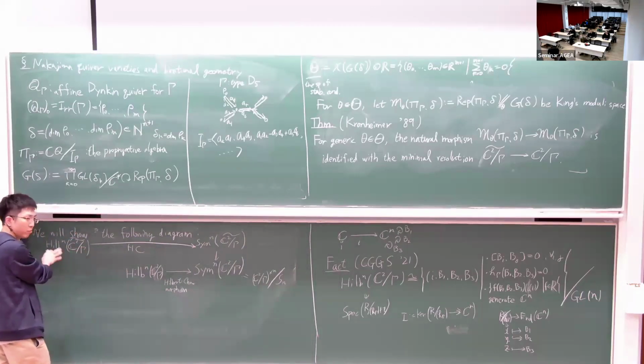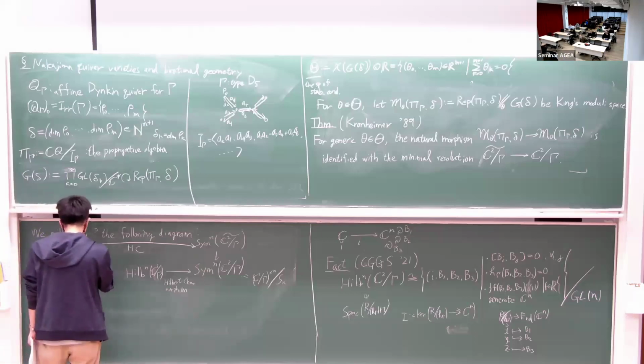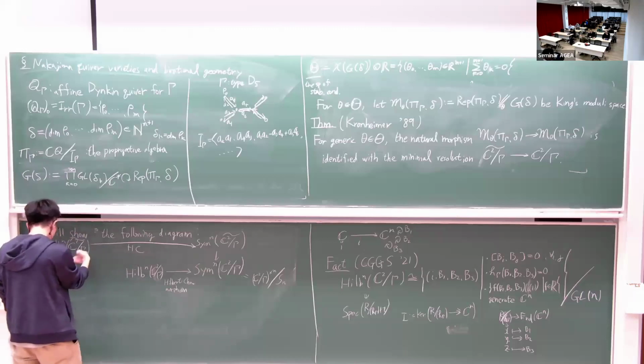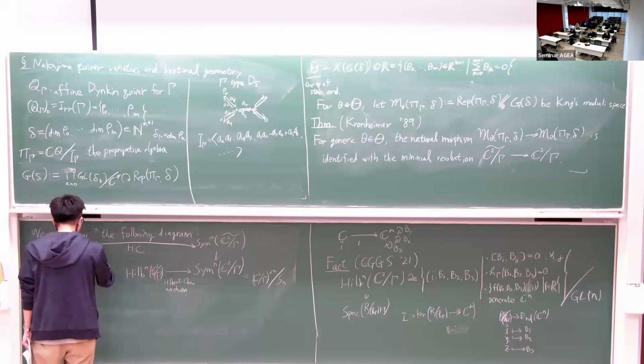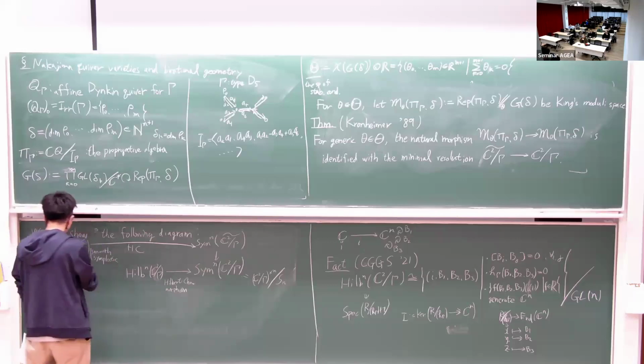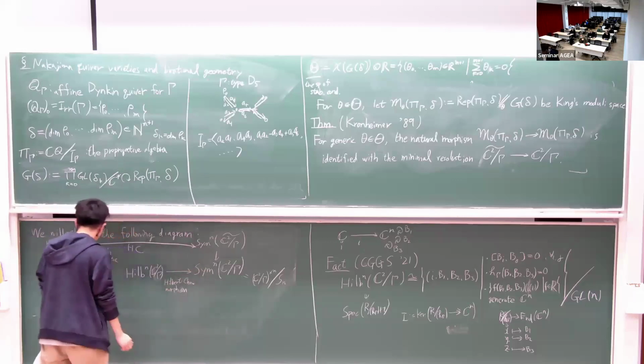The Hilbert scheme of points is smooth by the result of Fogarty, and it also has a symplectic structure. So this is in fact smooth and symplectic, and this gives a symplectic resolution of these two varieties.